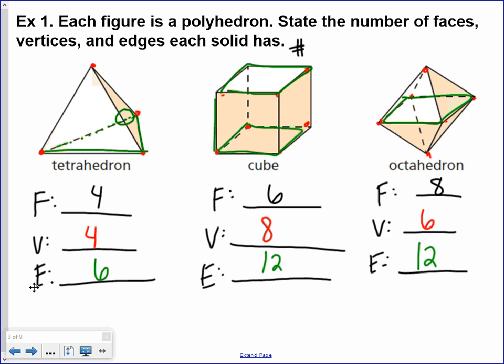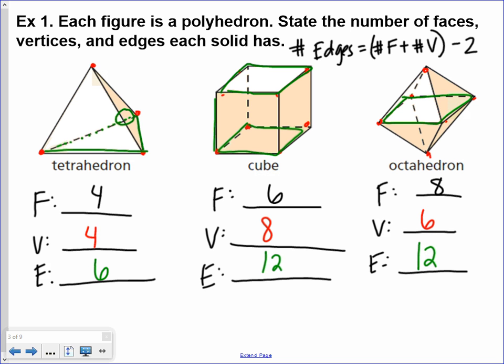No, number of edges, there we go. Okay, I promise I'm right this time. The number of edges always equals the number of faces plus the number of vertices minus 2 every single time for any polyhedron.